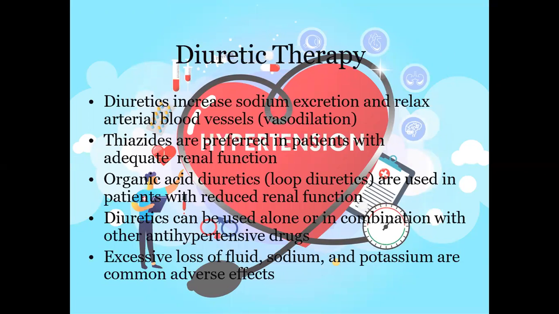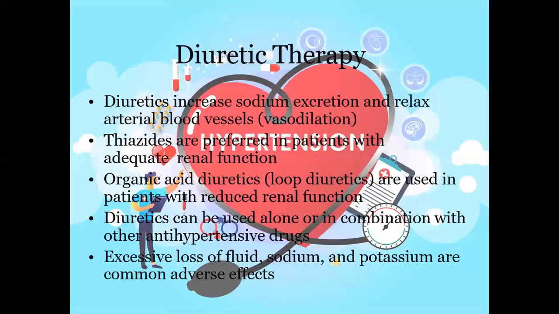First, we are starting with diuretic therapy. Diuretics increase the sodium excretion and relax arterial blood vessels, so it results in vasodilation. If dilation occurs, then the pressure in the arterial wall will be less and blood can flow easily.